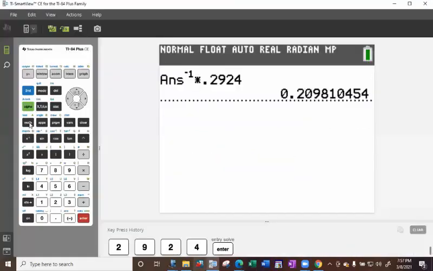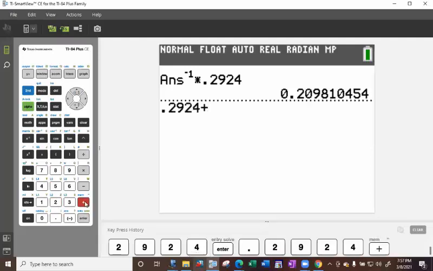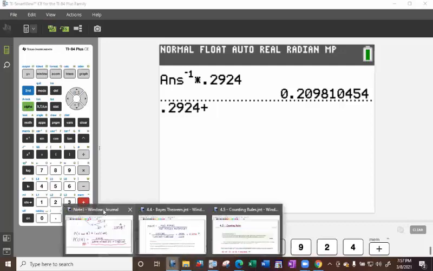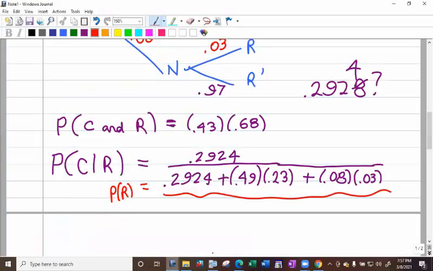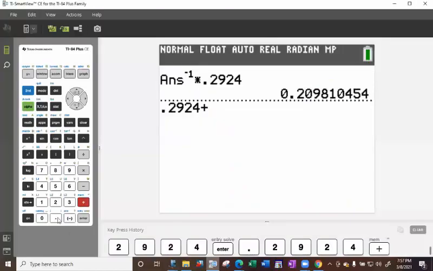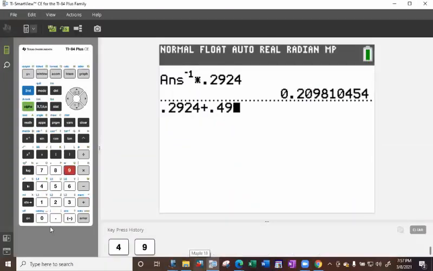So I'm going to go back to the 2924 plus 4923. So obviously I got part A right, so I was using the right numbers, but whatever little trickery I tried there, it didn't work.